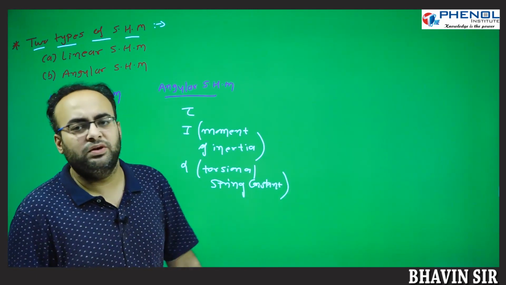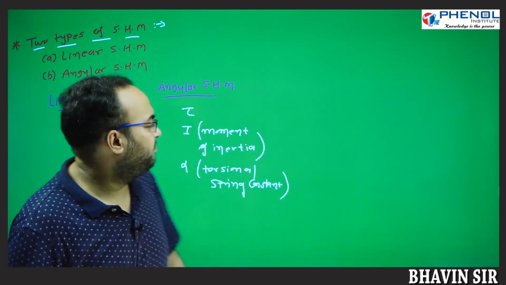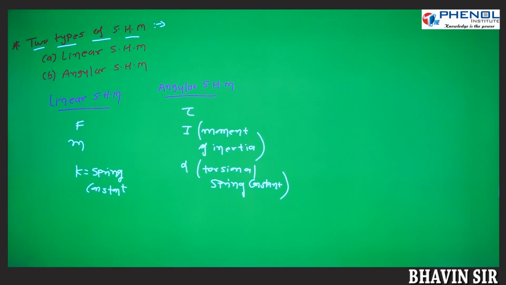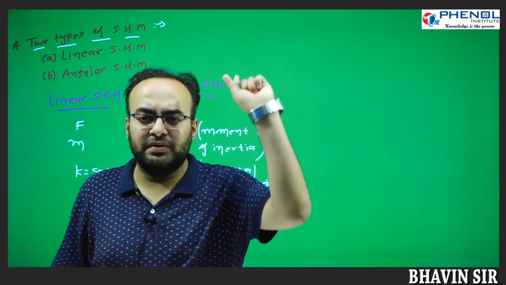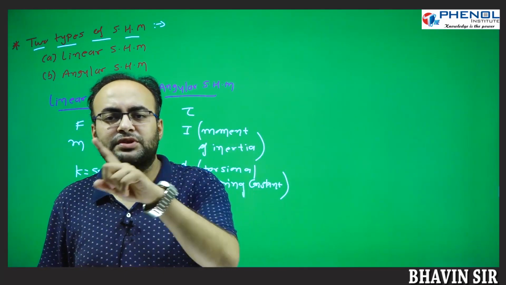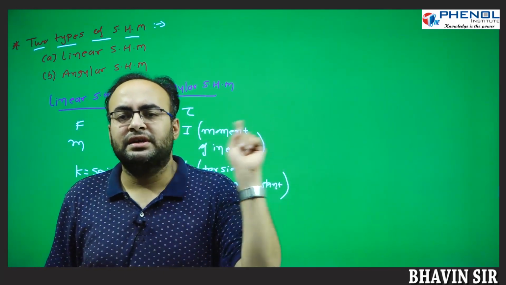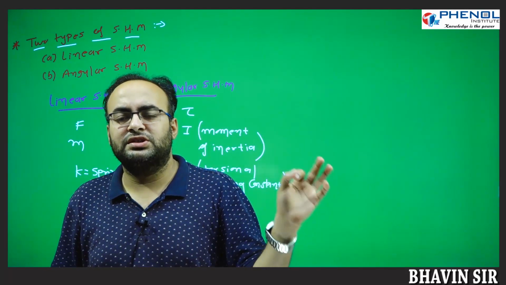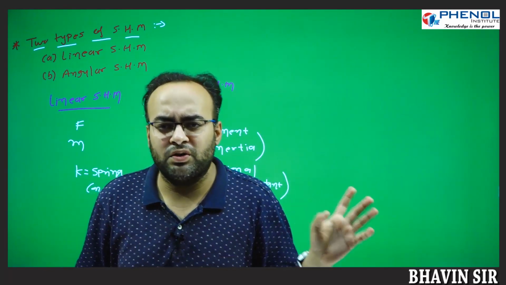Torsional spring constant means what? When any object performs angular SHM, circular SHM, then its spring constant is known as torsional spring constant.